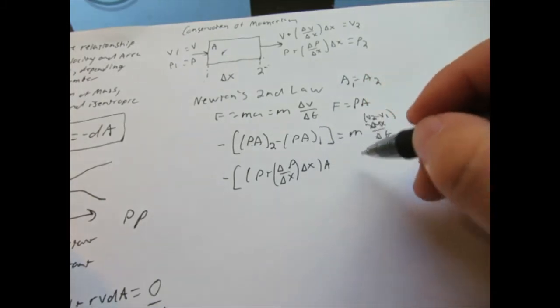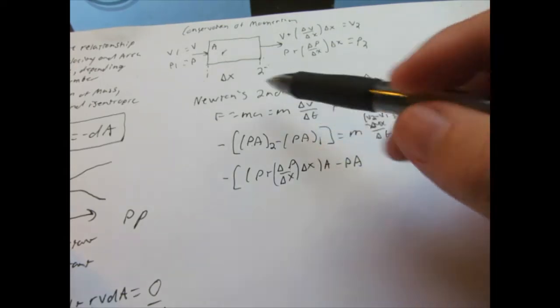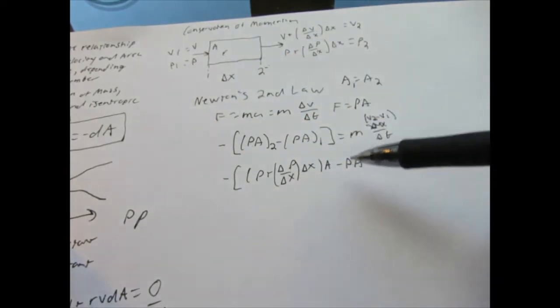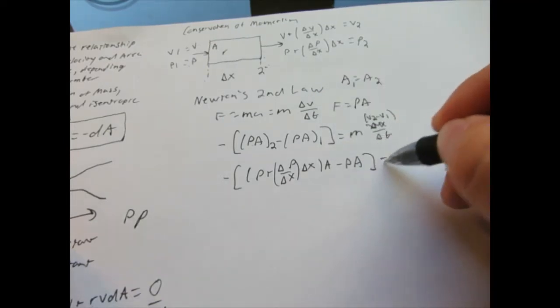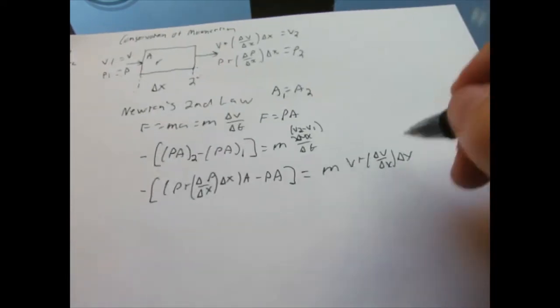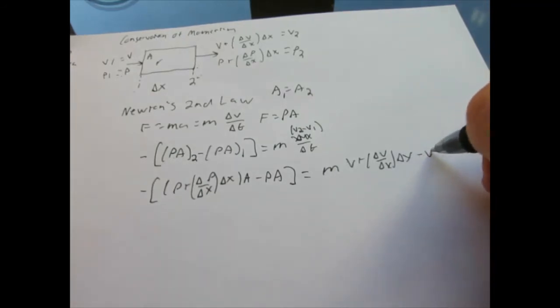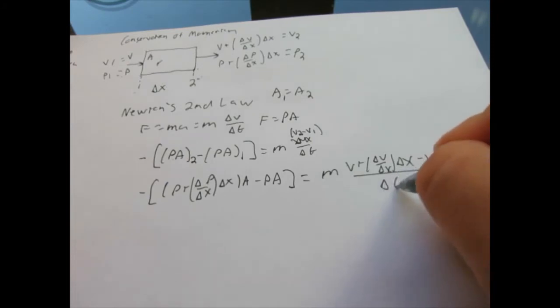So we're just going to write that as A, minus P A, which is the pressure at 1 times the area at 1. And that equals mass times, then for V2 we have V plus delta V over delta X times delta X, minus V1, which just equals V. And that's all divided by our delta T.